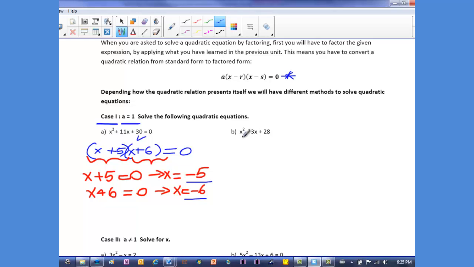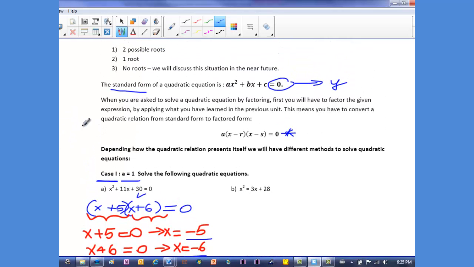Let's look at example B. Now, as you can see, example B doesn't present itself in the standard form of a quadratic relation. It's different. Whenever we have something in between, not a pure vertex form, not a pure factored form, not a pure standard form, you want to bring it to the form that you are comfortable working with. And since we are asked to solve these equations by factoring, we have to bring this expression to standard form. What does standard form mean? Well, let's look again.